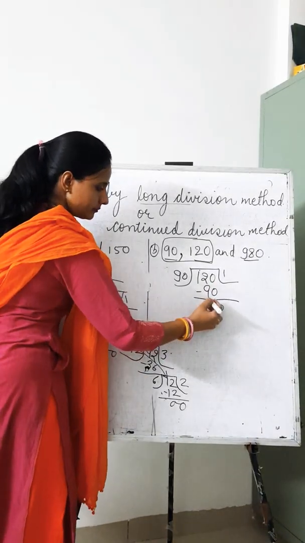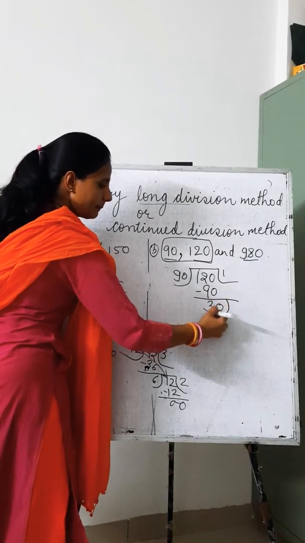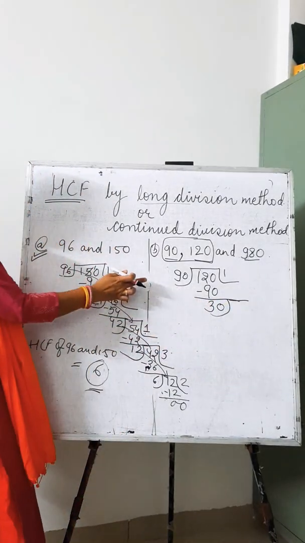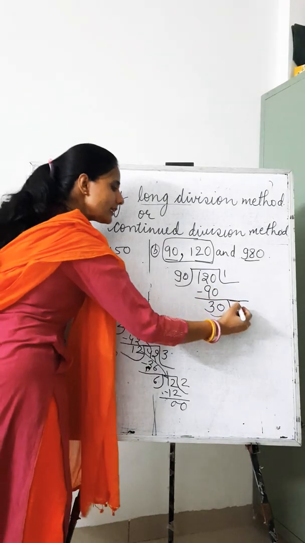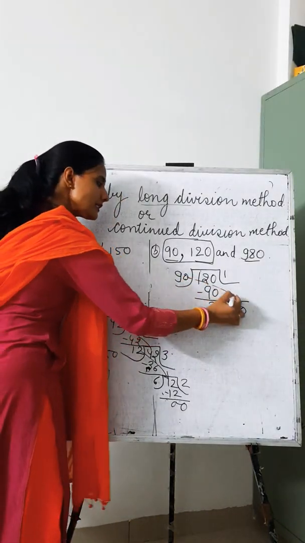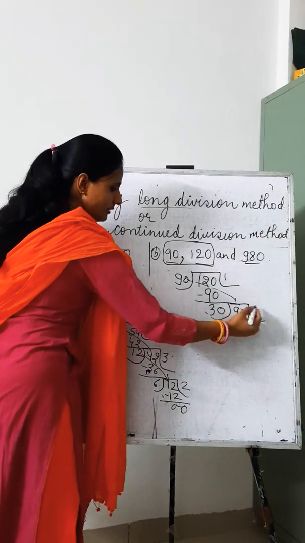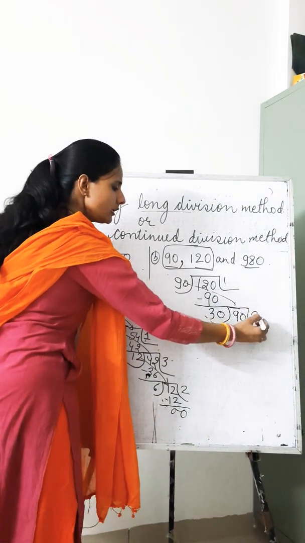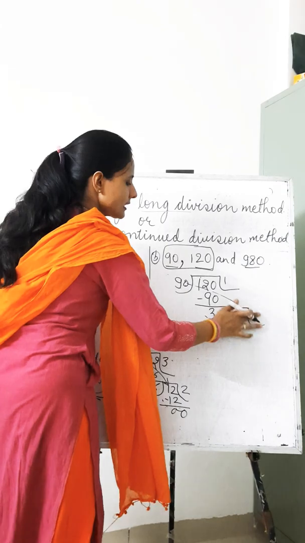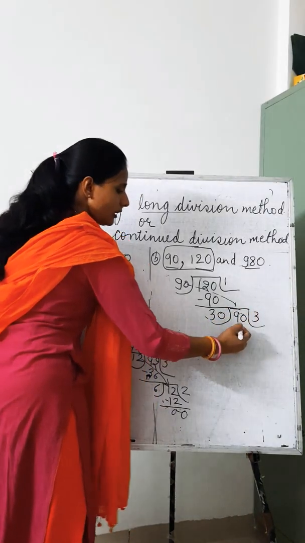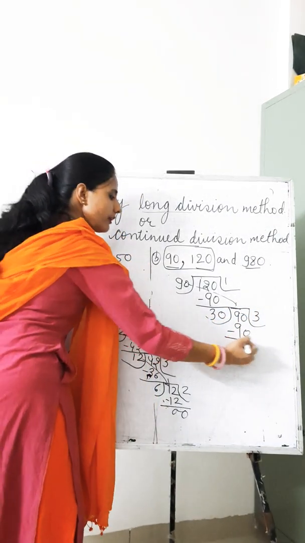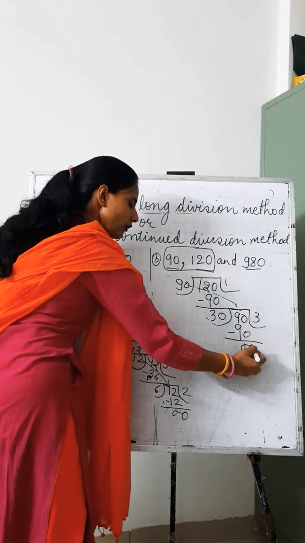So here this 30. Now 30 is smaller than 90. That is why 90 will act as a dividend. It will come inside the box, and 30 will act as a divisor. 30 2s are, no, it will be 60. So 30 3s are 90. Fine. So I got 0.